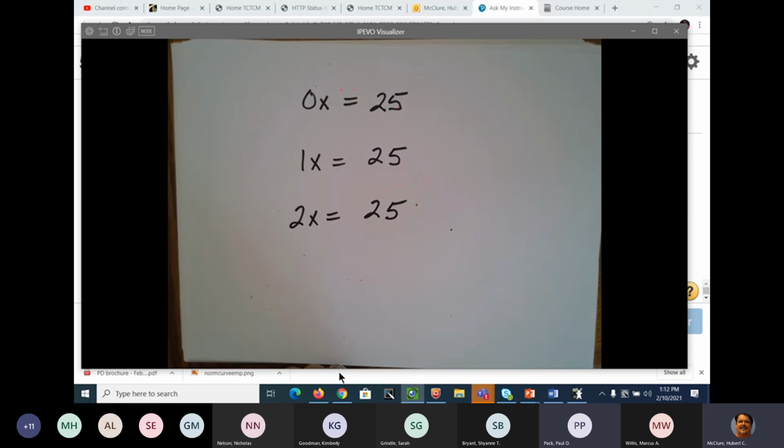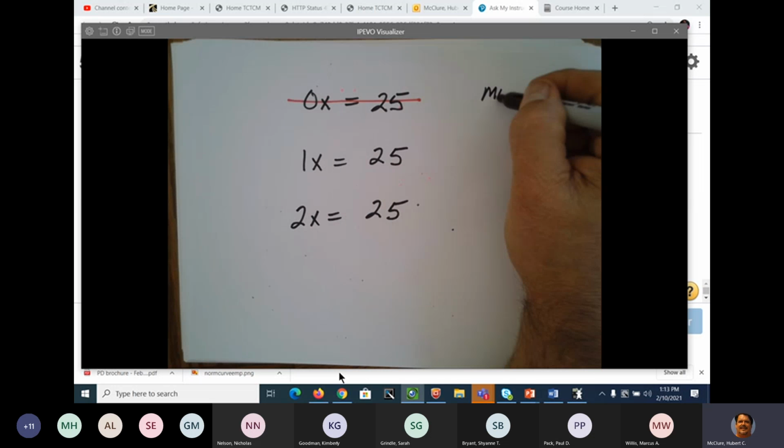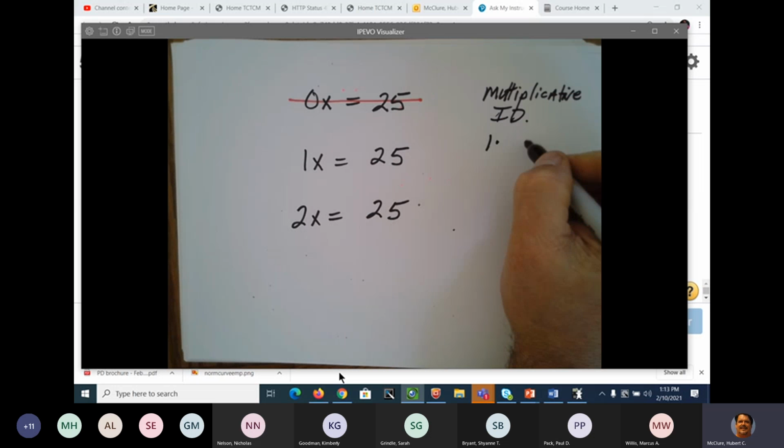Okay, so I'm going to put a red line through 0. Can these two happen? Yes. Now, 1 is the multiplicative identity, which means 1 times 5,000 is what? 5,000. 1 times 1/2 is 1/2. 1 times -5 is -5.